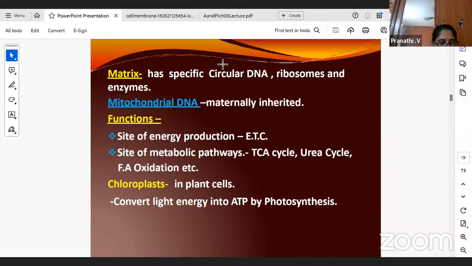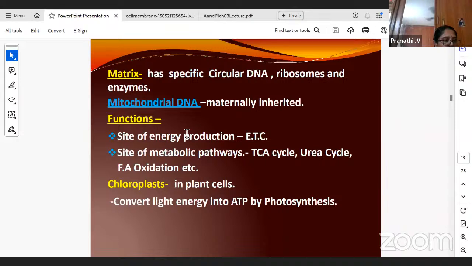And other mitochondrial diseases that are present, I'll just tell you the names. For example, you have different kinds of mitochondrial diseases that are actually inherited from the maternal side itself. It cannot be paternal as such.